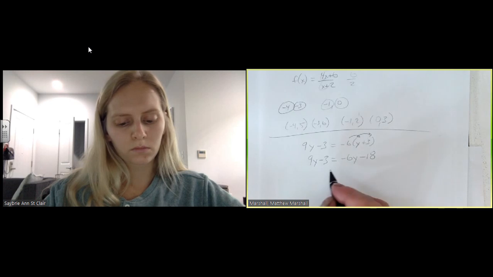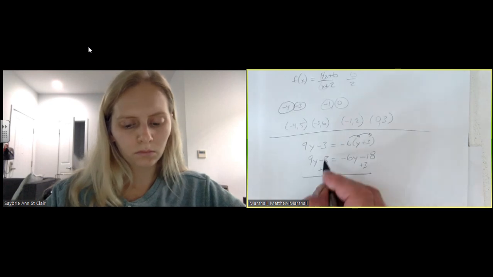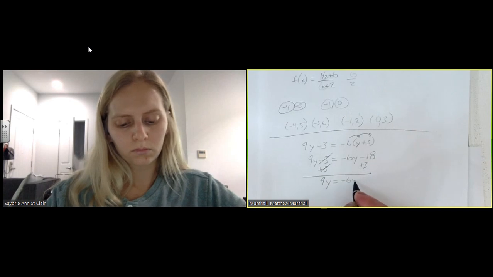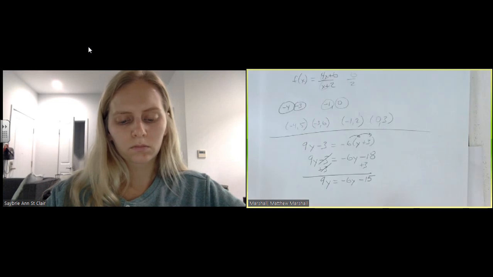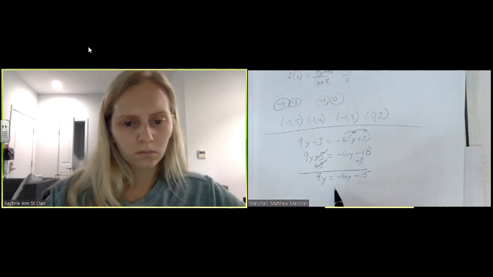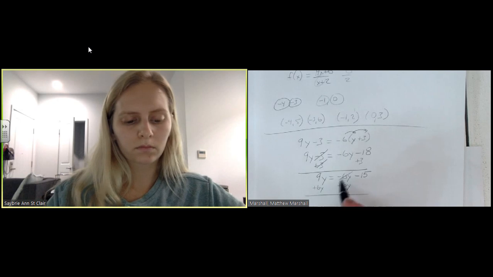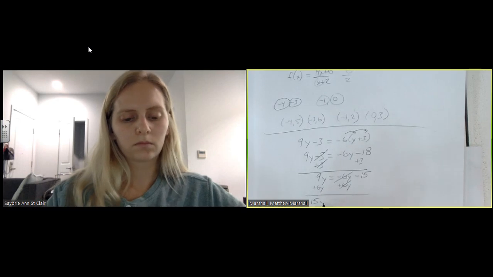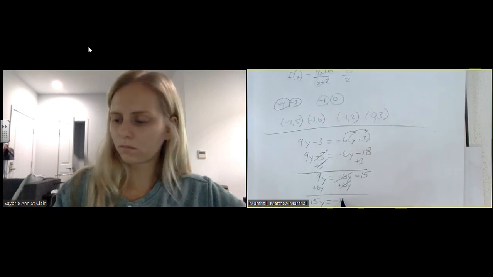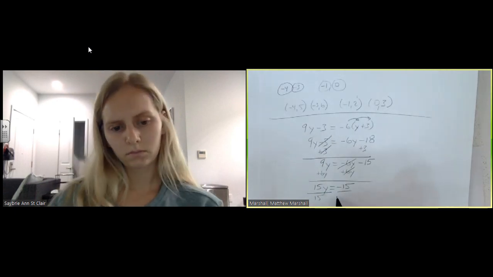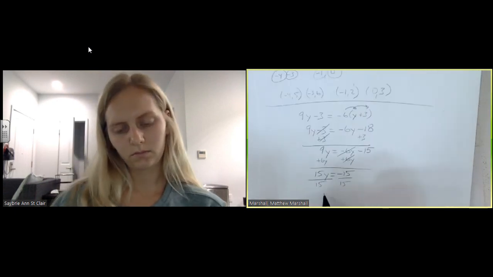I'm going to add 3. And that gives me 9y equals negative 6y minus 15 right there, I believe. Add 6y. And that gives me 15y equals negative 15. And then dividing by 15 there gives you negative 1.